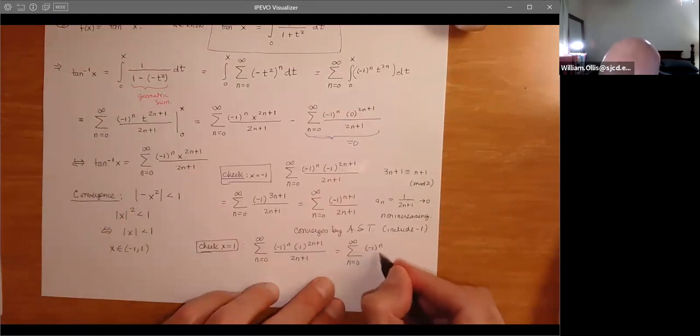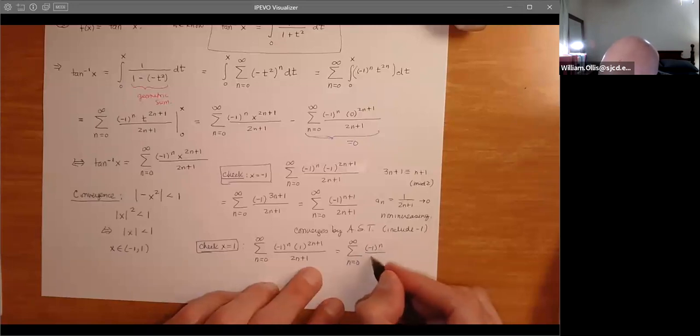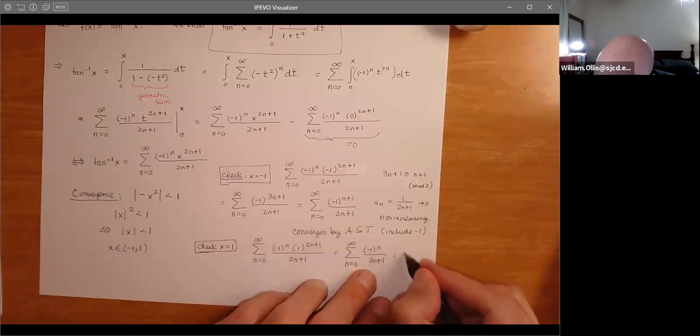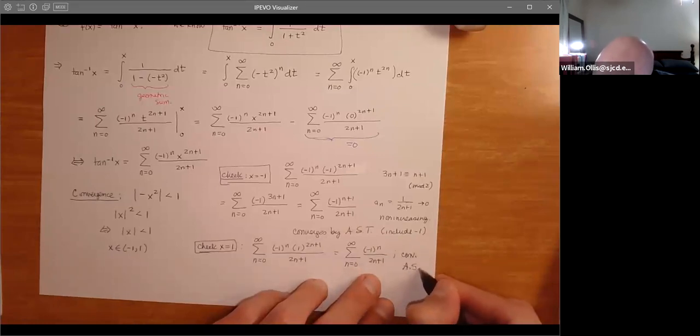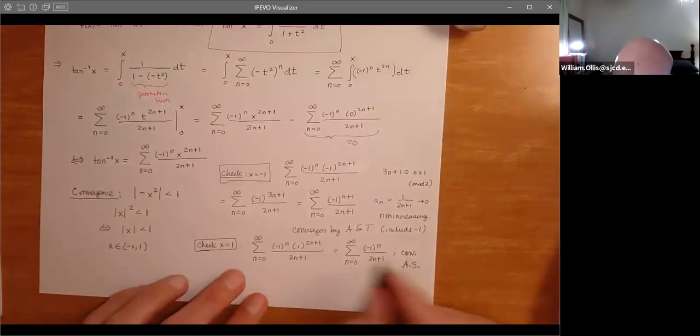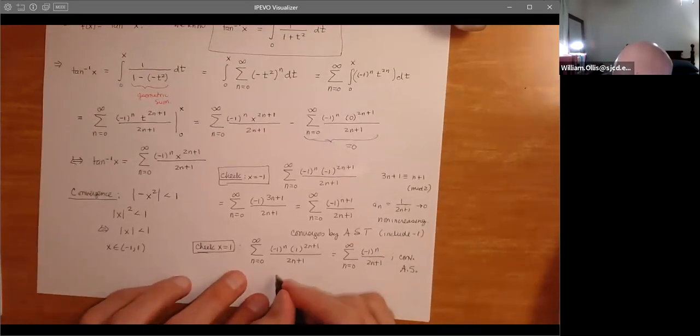The pluses and minuses are just offset by 1. And by the same argument, it's a convergent alternating series. So we include 1.